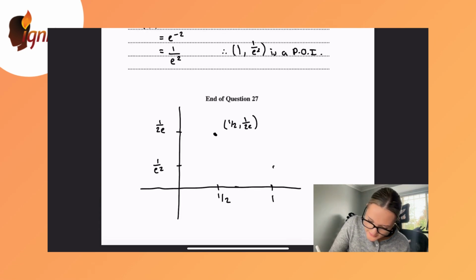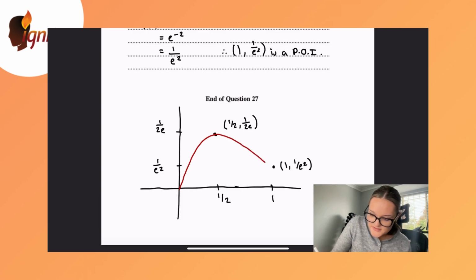And at this point here, 1 and 1 on e squared, we know that my concavity has to change. So I'm going to go up to this point. That's my maximum, so my graph is going to come back down. Then I'm still concave down, but at this particular point, I want to change to concave up, but not turn to a stationary point.